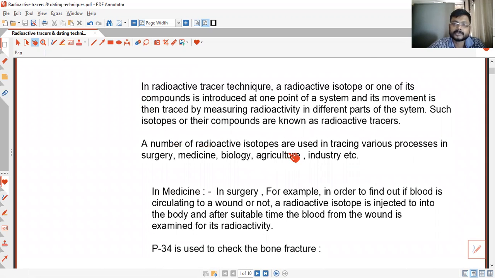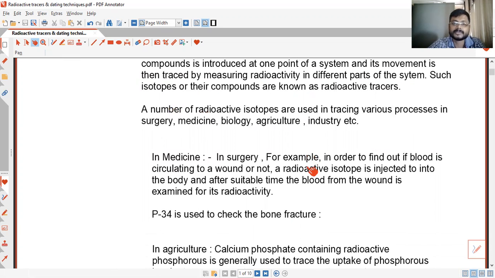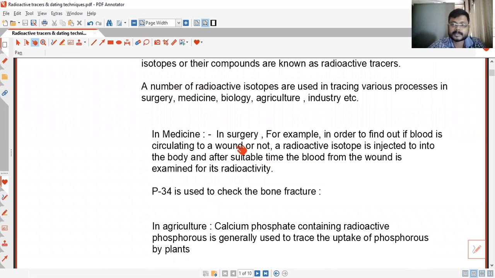A number of radioactive isotopes are used in tracing various processes in surgery, medicine, biology, agricultural, and industrial applications. Some examples are there in medicine. For example, in surgery, to find out if blood is circulating to a wound or not, we inject a radioactive isotope into the body, and after a suitable time the blood from the wound is examined based on the radioactivity of the compound.